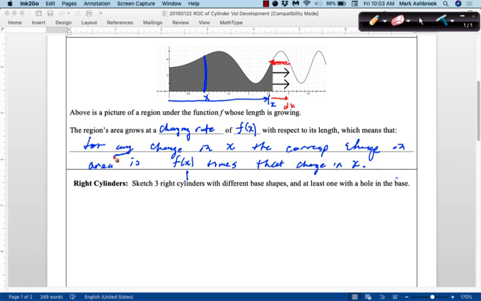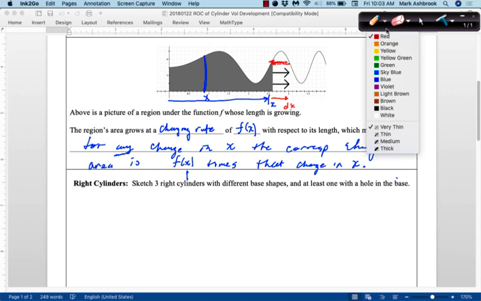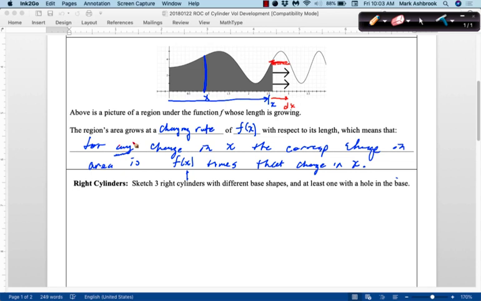Yeah, so instead of any change in x, what kind of change in x will this work for? Only small, because the rate of change is changing, and now it only works for small change in x. So we can leave any, but then we just need to add for any what? Small change in x.